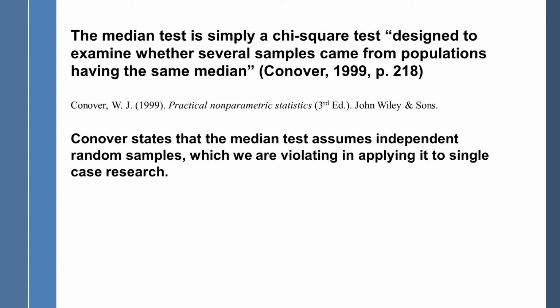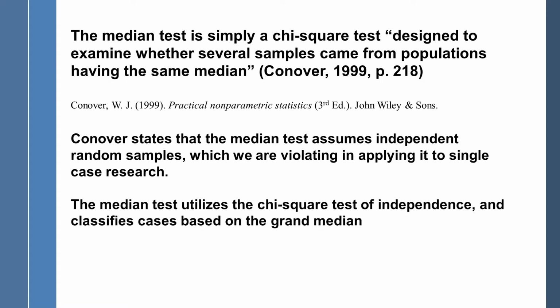We have the assumption of independent random samples, and we're violating that in single case design research, despite the fact that Parker and Morley both advocate the use of Mood's median test. Doing so violates the assumptions of the test itself. But I don't think that's going to be a big deal, and I'll explain why.